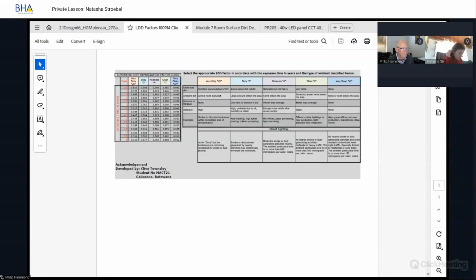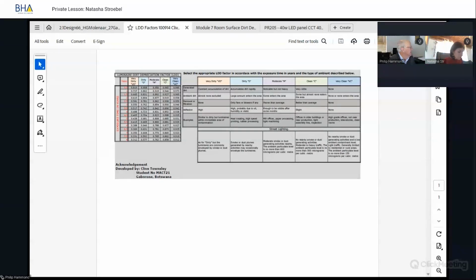Now explain to me, how do we, which number do we put in? Because we've got 0.5 years, 1, 1.5, 2, 2.5, 3. So how do you know which? Okay. You wanted least depreciation.